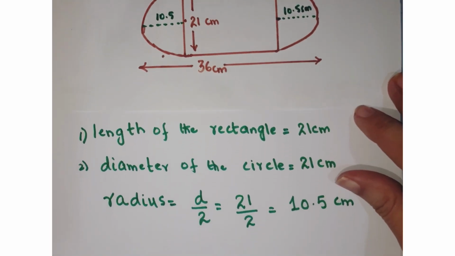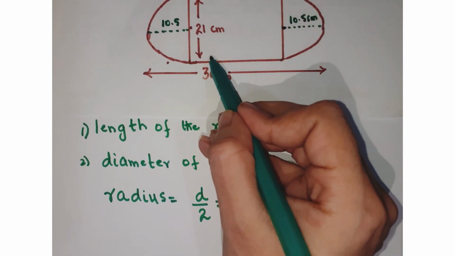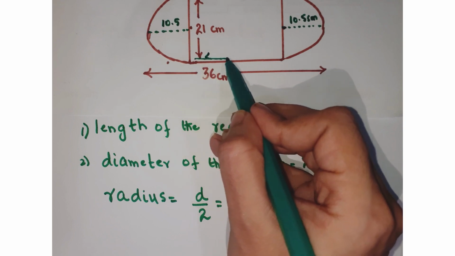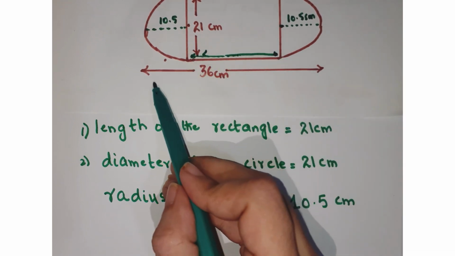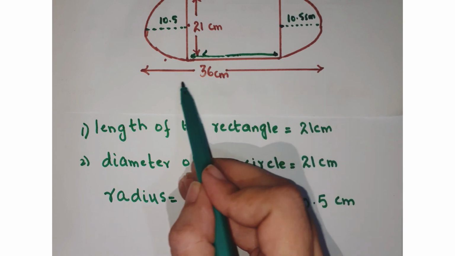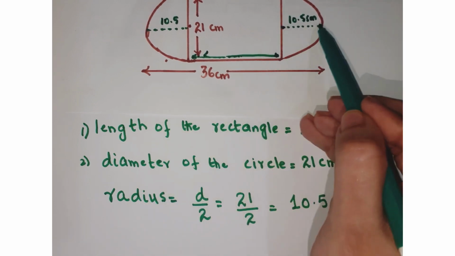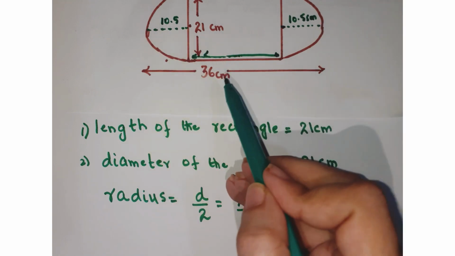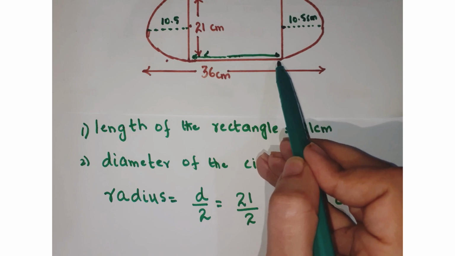Next, what we are going to find out? We are going to find out the breadth of the rectangle, that is this length. How we are going to calculate it? Just notice in the figure that this length is 36 centimeter, right? So, by subtracting this radius and this radius from 36 centimeter, you will get the breadth of the rectangle.